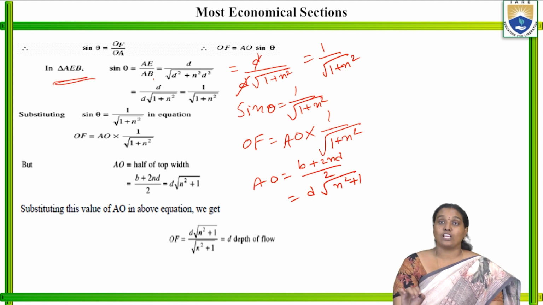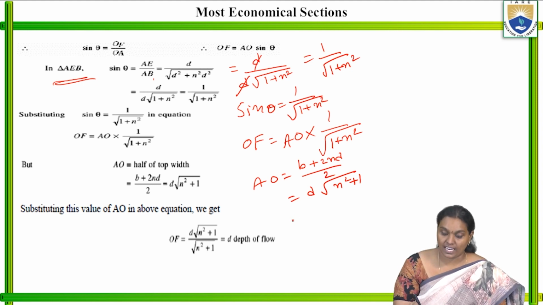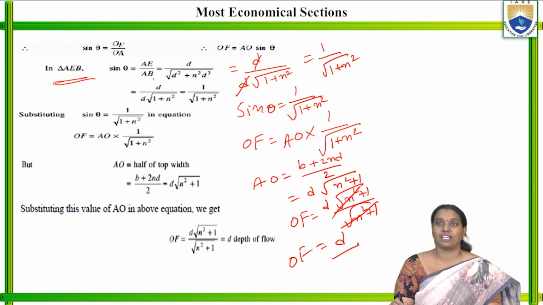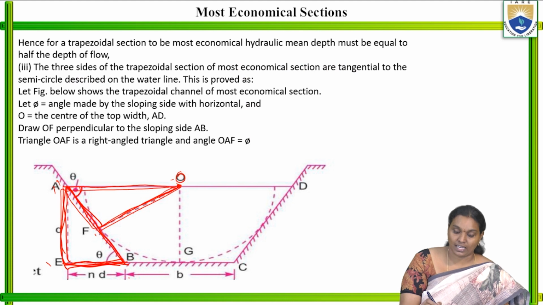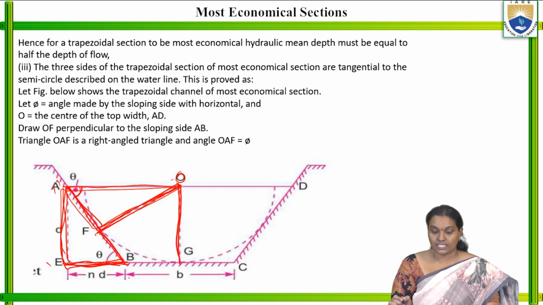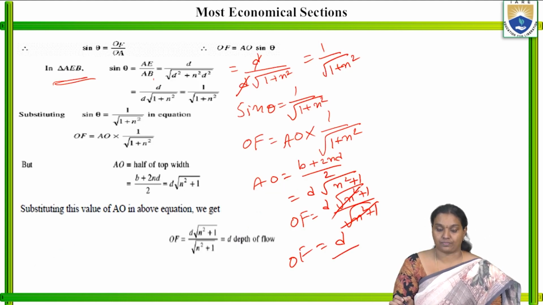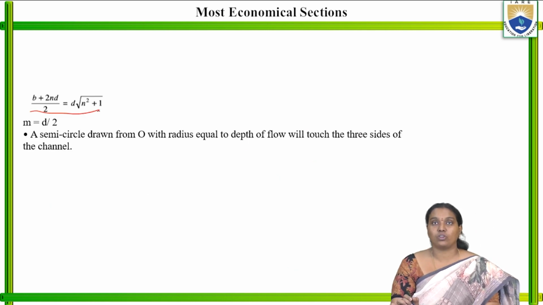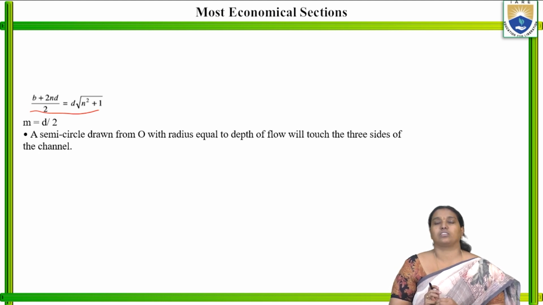So substituting this value of AO in the above equation, finally we get OF is equal to D root N square plus 1 by root N square plus 1. So OF is equal to D, which is nothing but the depth of the flow. So B plus 2ND by 2 is equal to D root N square plus 1, and M is equal to D by 2.